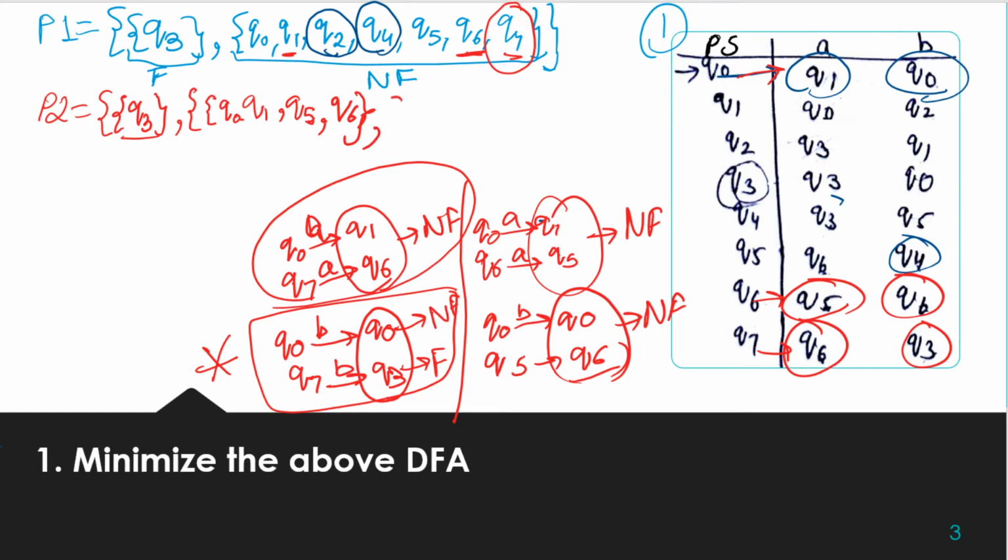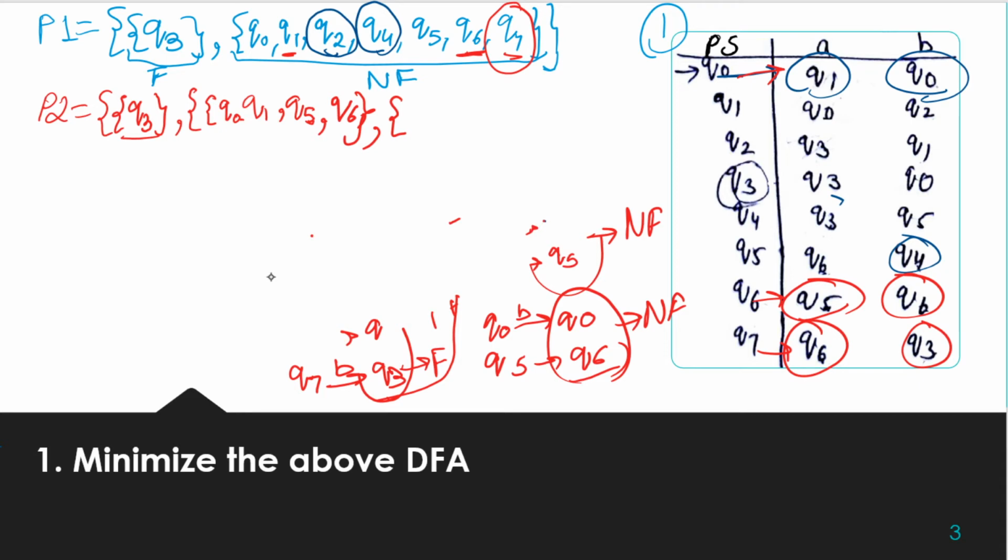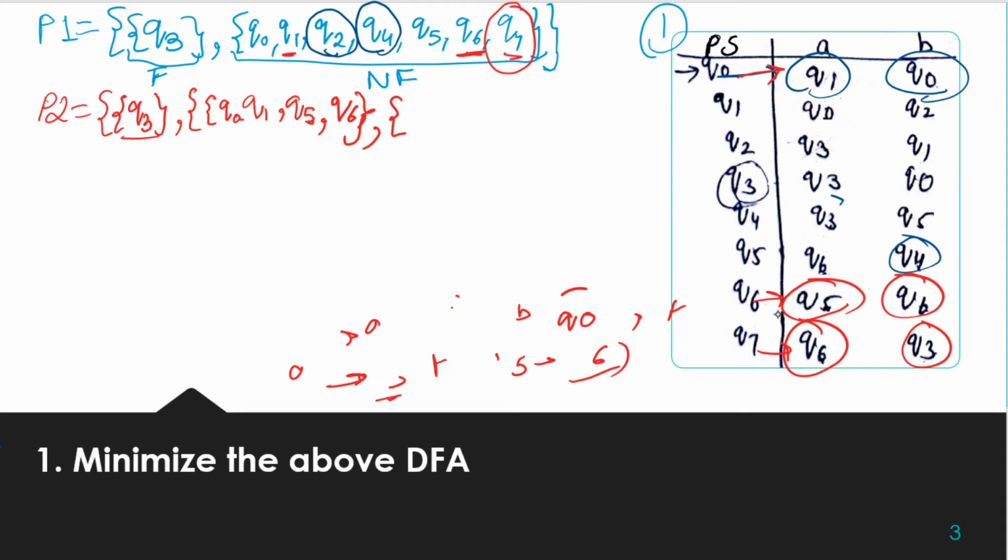Now let's begin with the remaining states that are not placed anywhere. So now we have to work with the remaining states Q2, Q4 and Q7, as these states are not part of any group for partition 2, and all the states must be part of at least one group.